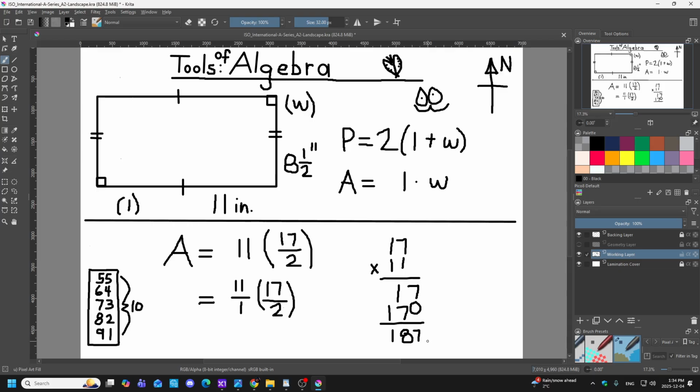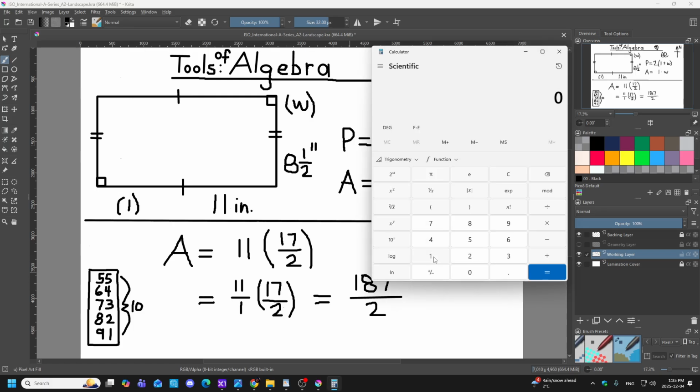Okay, 187 divided by 2. Let's double check, make certain I haven't messed up anywhere. And that's going to be divided by 2.